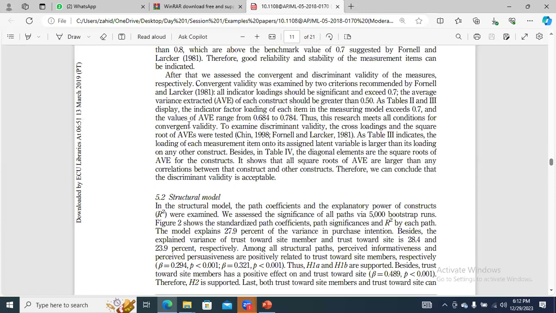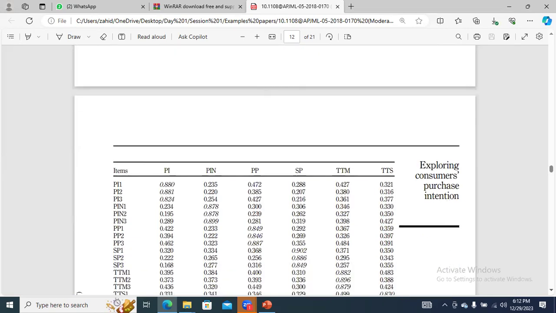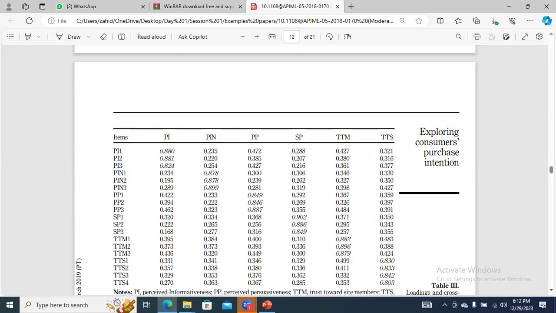And we need to have some constructs, you can say variables, like perceived informativeness, perceived persuasiveness, social presence, trust towards site remembers, trust towards site, purchase intention, etc. These are basically the concepts or constructs for which we need some items, we need some statements.